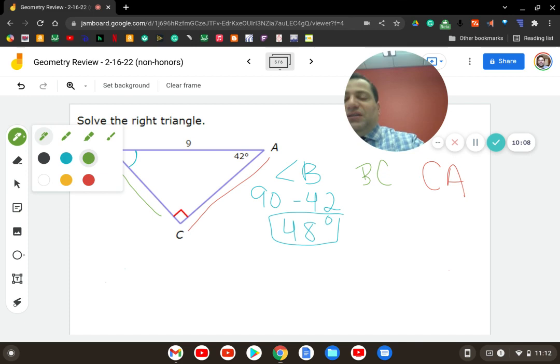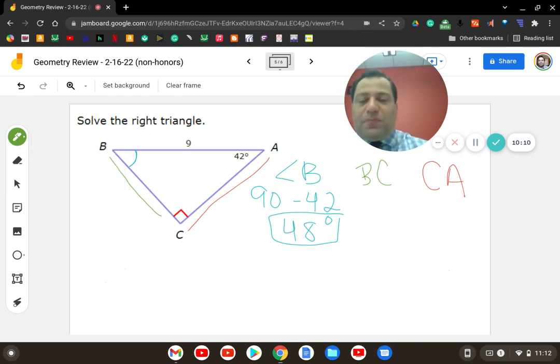Now let's take a look at one of the sides. Let's take a look at BC. If I make 42 my reference angle, BC would be opposite, 9 would be hypotenuse, and AC would be adjacent. Based on this information, I can see that I'm trying to find opposite, and I know the hypotenuse. That's going to be the sine ratio.